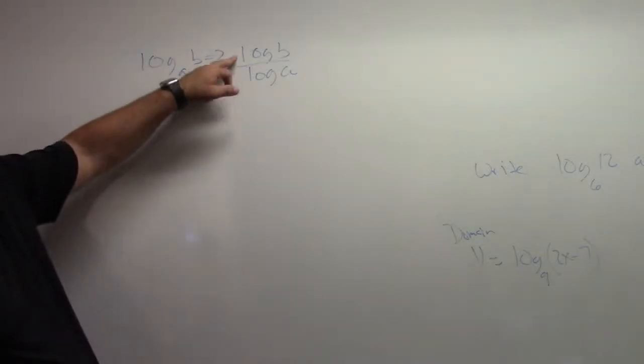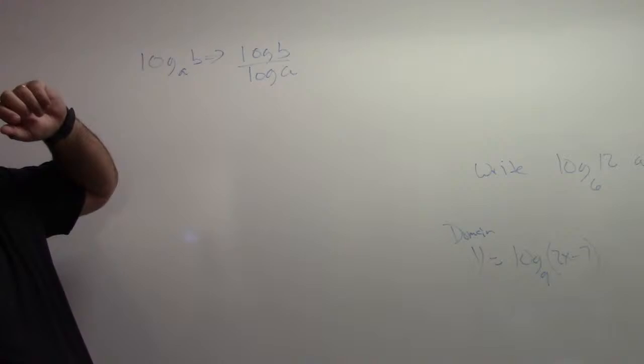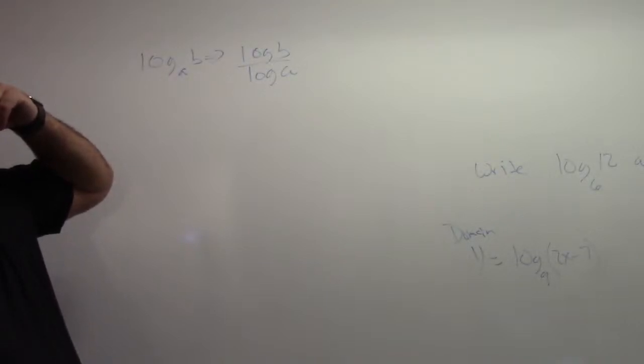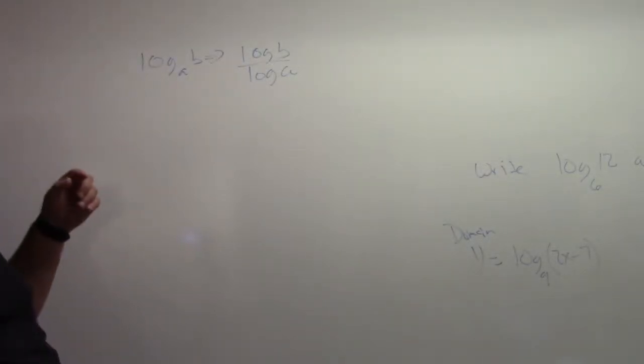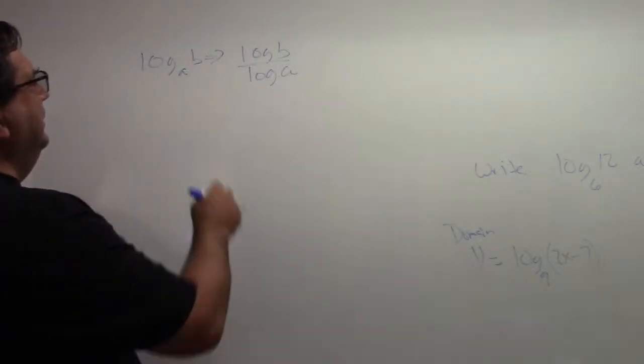But log B over log A, it may have been on the live stream. Were you there for the live stream? Yeah. Well, I came at the end, remember? So I watched it back. Yes, you came at the end. You got the chocolate frosty.